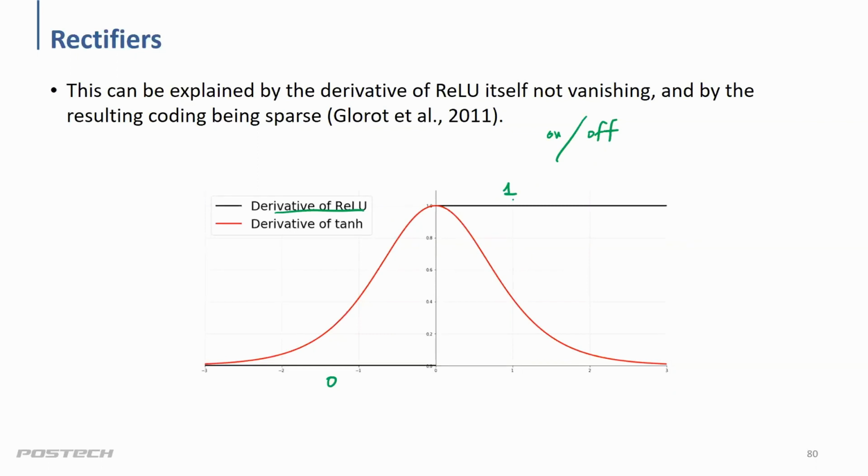Because that means I'm doing a lot of multiplications of 1, so there is no vanishing effect. And if it's negative, that means it's going to turn the wire off. It's disconnected. So the derivative is not vanishing.